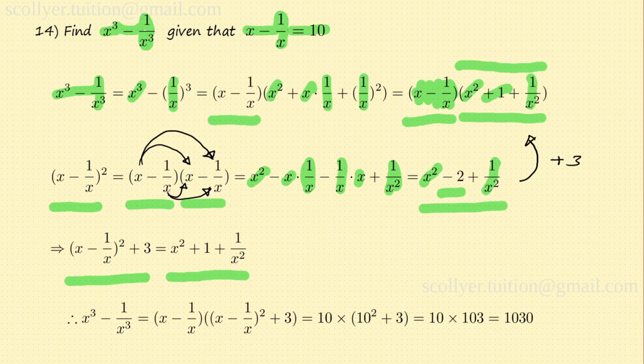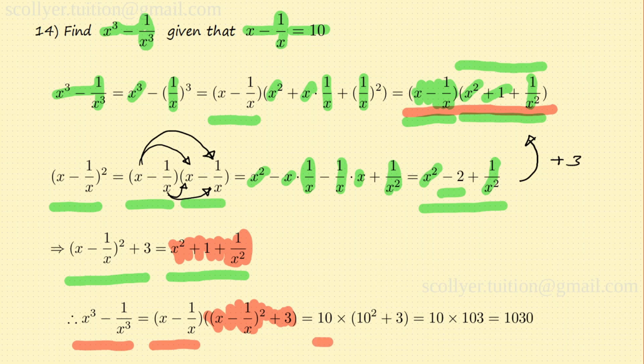And so finally, we have x cubed minus 1 over x cubed, which, remember, was (x minus 1 over x) times (x squared plus 1 over x squared), becomes (x minus 1 over x) times ((x minus 1 over x) all squared plus 3), which is what this expression turned into. And now we can substitute 10 into the right-hand side to get 10 times (10 squared plus 3), which equals 10 times 103, which equals 1030.